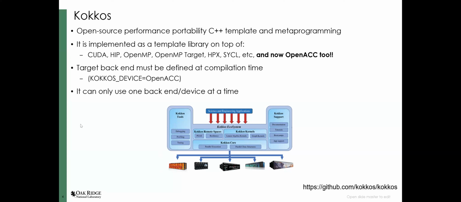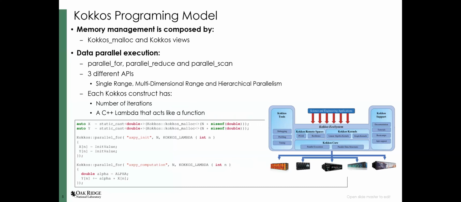So if we go to the next slide, there you go. Here in this slide, I want to introduce you very briefly to the Kokkos programming model. In Kokkos, we manage the memory and the computation separately.